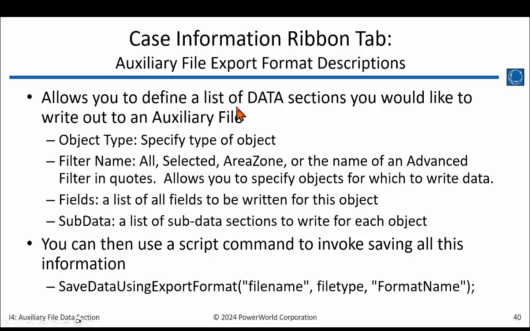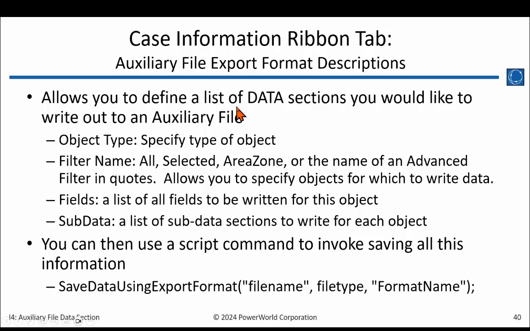And once you have one of these, you can use them with multiple cases. An application would be like if you always want to store, say, some generator parameters from a case out, and then you want to go to another case and store the same parameters for that case into a different auxiliary file.